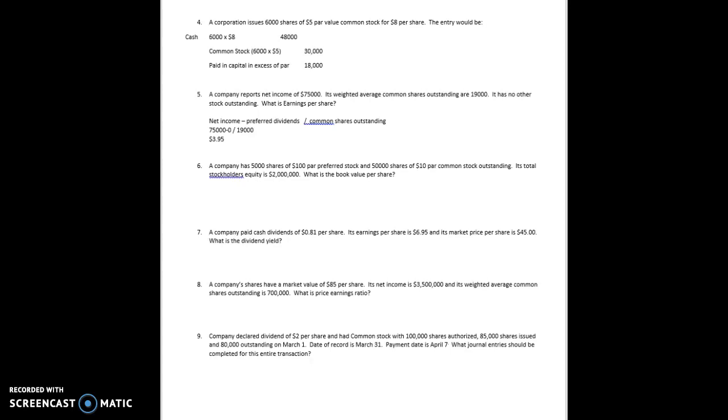All right, let's look at number 6. Number 6, it says the company has 5,000 shares of $100 par preferred stock and 50,000 shares of $10 par common stock outstanding. Its total stockholders' equity is $200,000. What is the book value per share? All right, so book value per share, we are taking the formula. We're looking at stockholders' equity. Oh, wrong one.